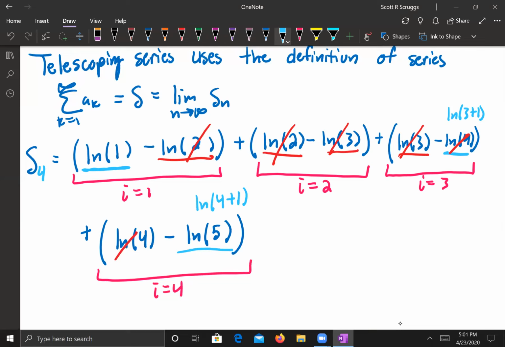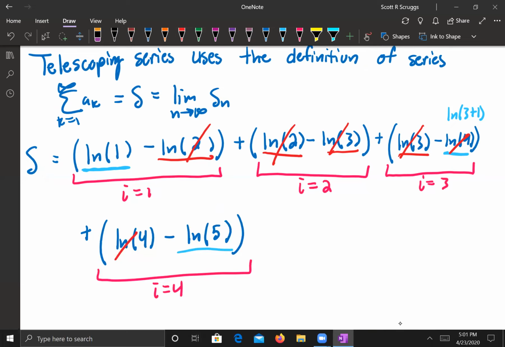It seems the general pattern is that for the nth partial sum, what survives is natural log of 1, which is 0, minus natural log of n plus 1.